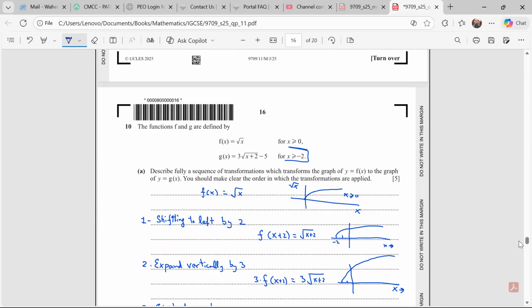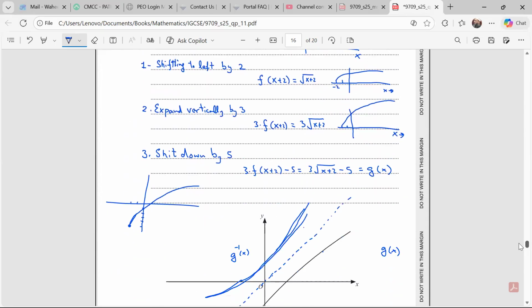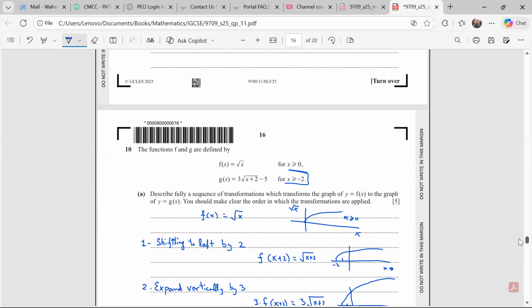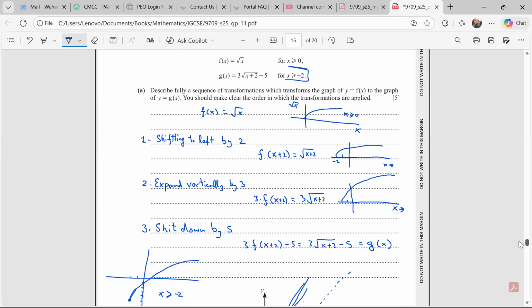So when we shifted this function to the left by 2, you can see the domain of this function will be x is larger than minus 2. They mention it over here as well, that x is larger than or equal to minus 2.